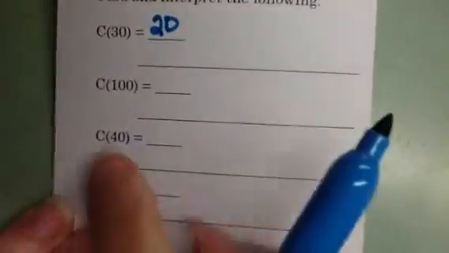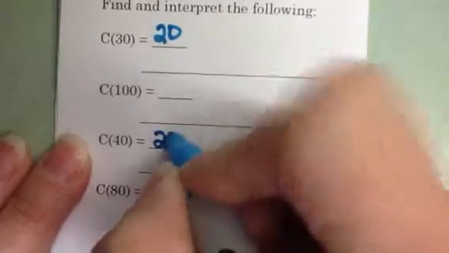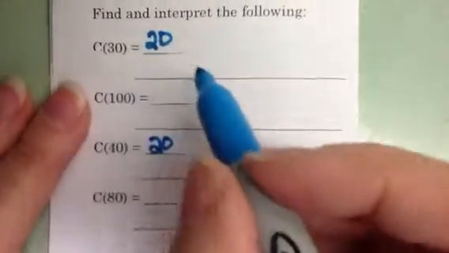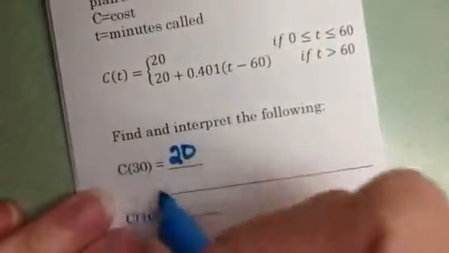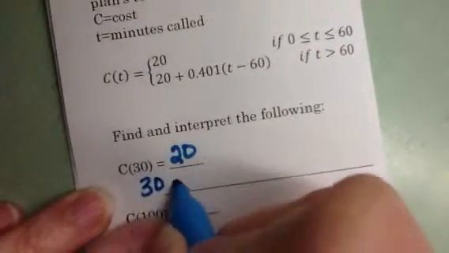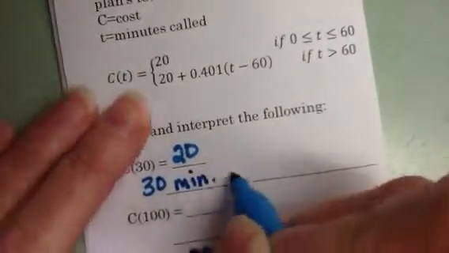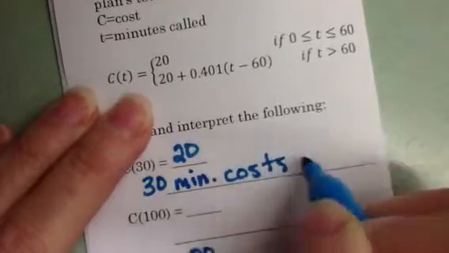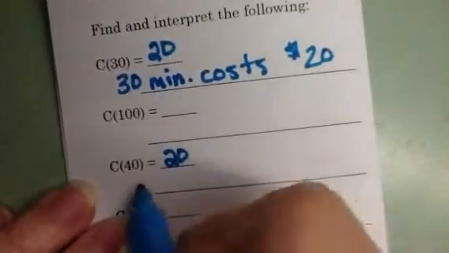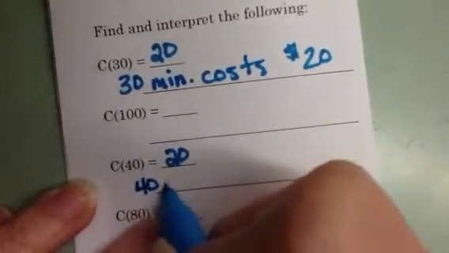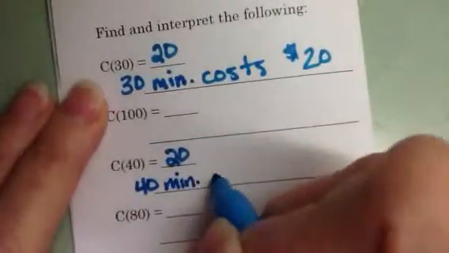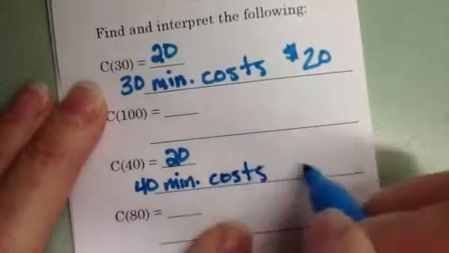And also 40 is between 0 and 60, so the cost of 40 is 20. So what these mean are that you can talk for 30 minutes, costs $20. And this one would be 40 minutes, costs $20.